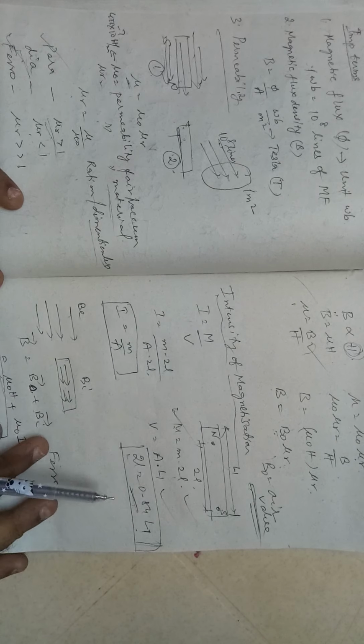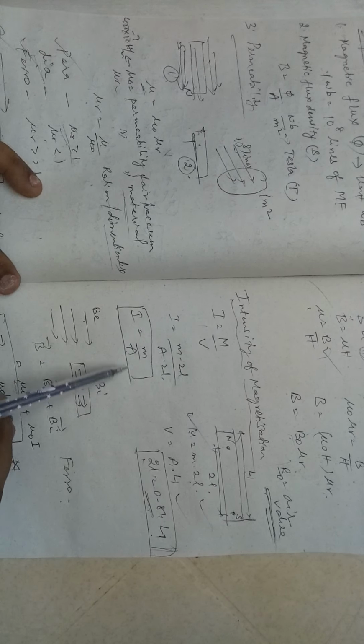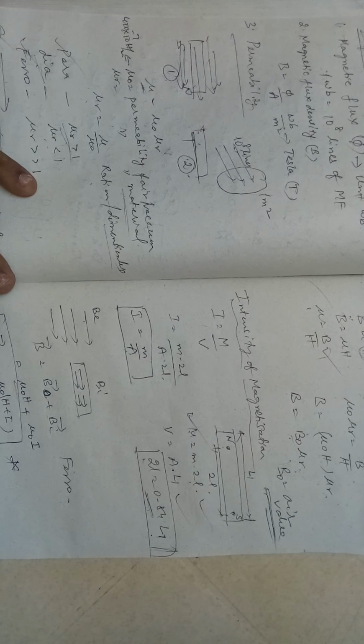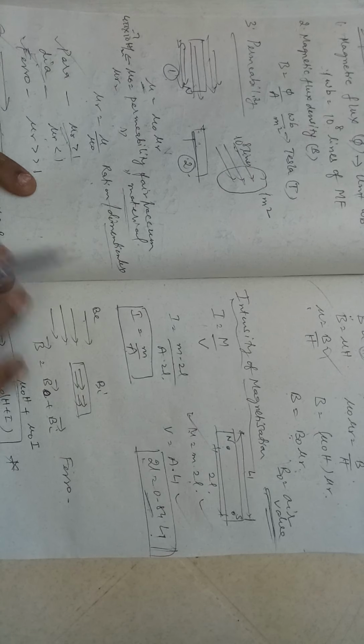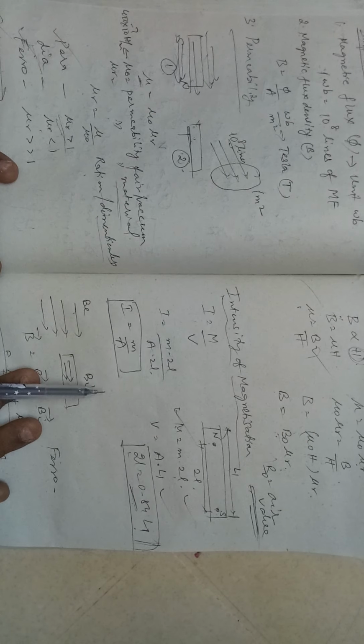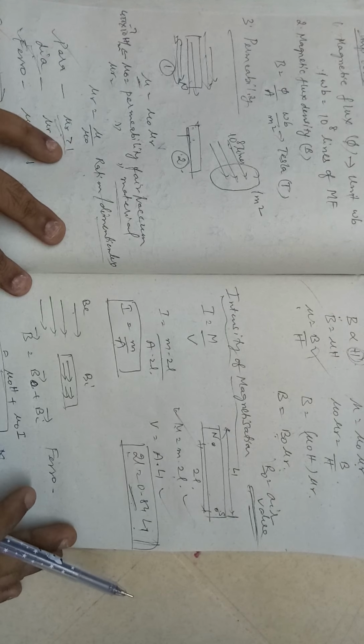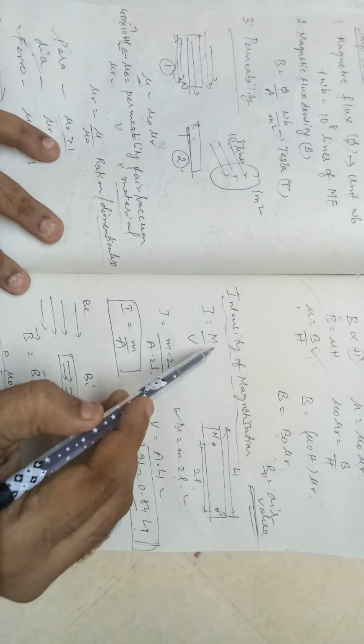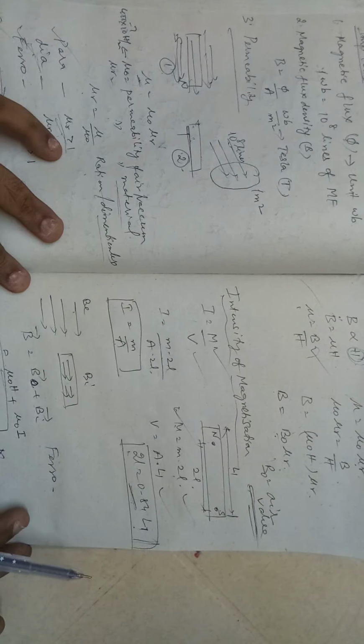So here 2l gets cancelled. Sometimes it is also referred to as pole strength divided by the area. This is also defined as intensity if you tend to ignore the small distance. But basically the definition of intensity of magnetization is the magnetic moment divided by the total volume of the magnet.